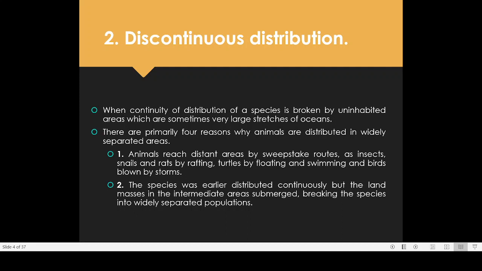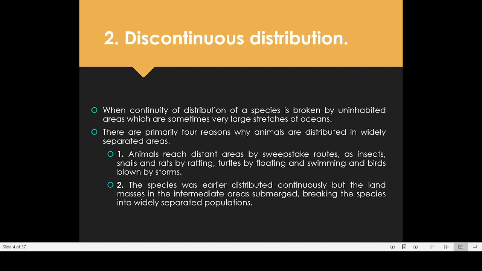Another reason is that species was earlier distributed continuously. As I told you in the beginning, there are two major reasons. One reason is that these were once widely distributed animals, as in the case of elephant. But then they got extinct in other parts of the world.